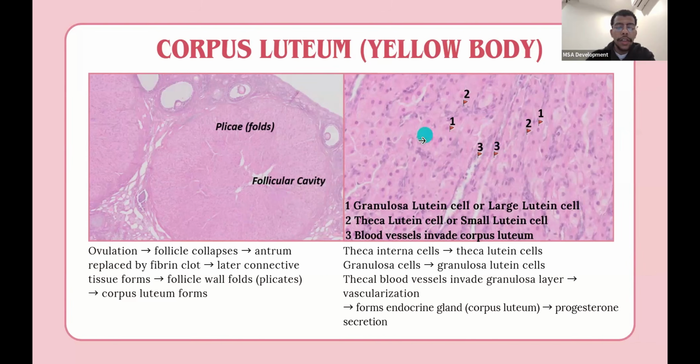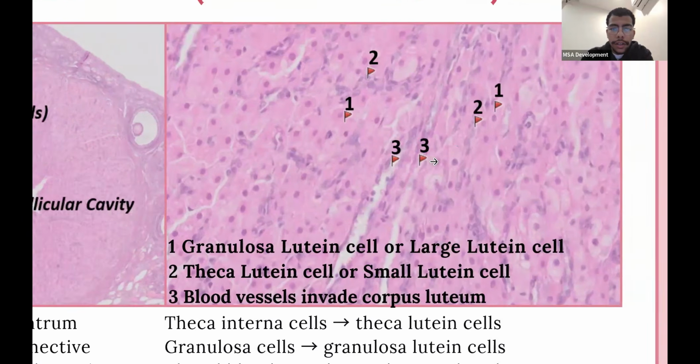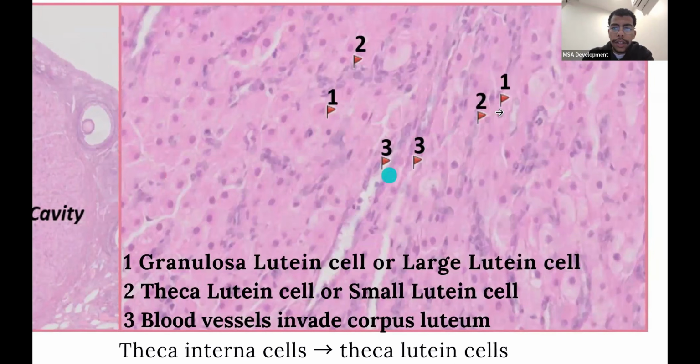Now, the three structures that you guys have to know. One here, can you guys see? These are the granulosa cells. Granulosa lutein cells. Okay. And then two, these dark basophilic cells are your theca lutein cells, not granulosa, theca lutein.